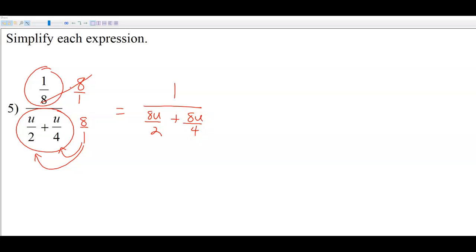Now, instead of doing any more multiplication, we can just reduce. 2 goes into 8 4 times. So 8u over 2 becomes 4u. 8 divided by 4 is 2u, and that's a lot easier.